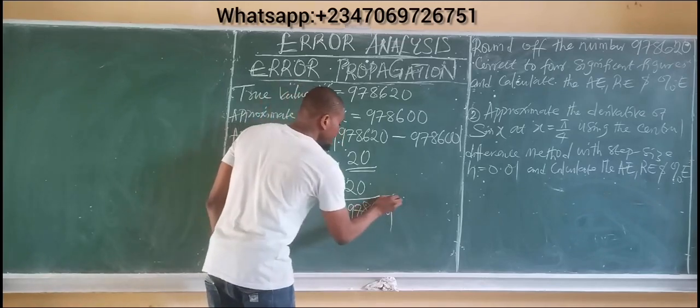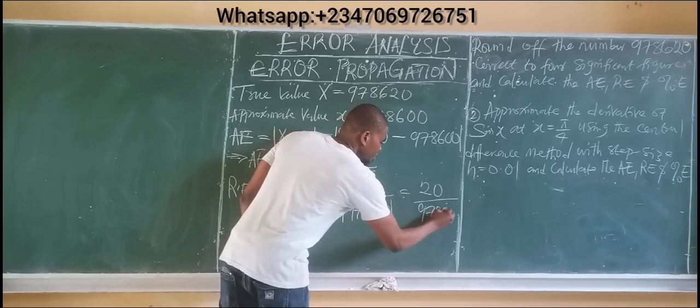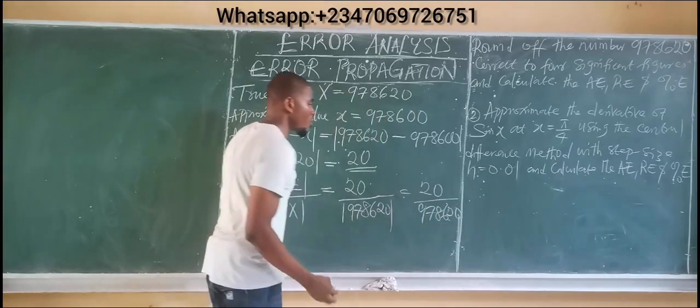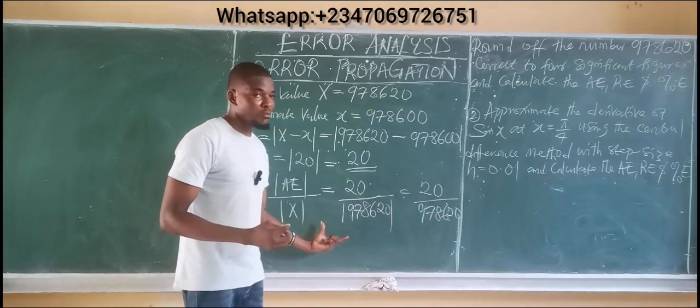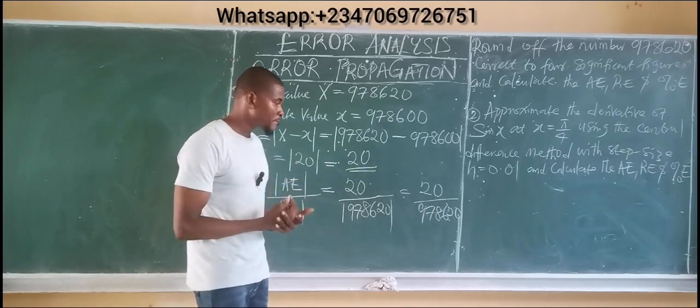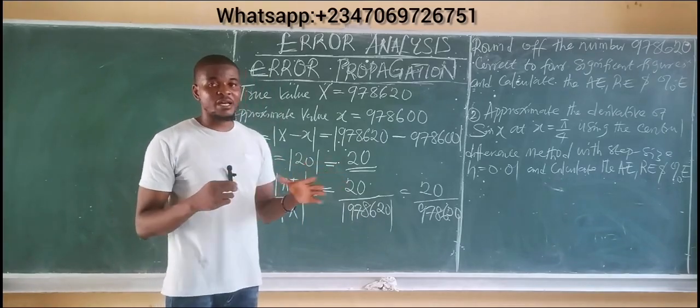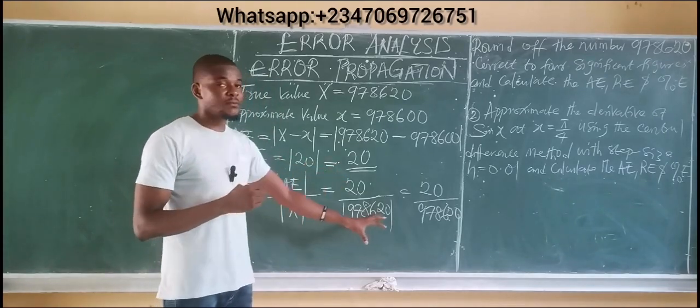So this modulus still remains, this is 20 divided by 978620. So always keep it in mind, whenever you take the modulus of any number, it becomes the positive value of that number. So the essence of modulus is to make sure if there's any negative sign, the modulus will eliminate the negative sign. That's the essence of modulus.